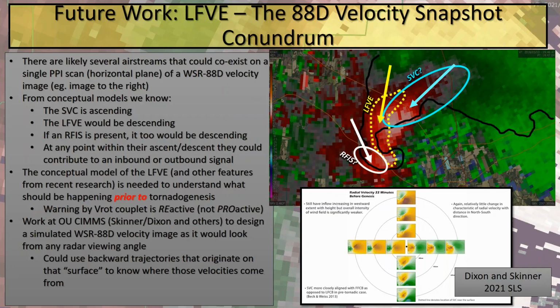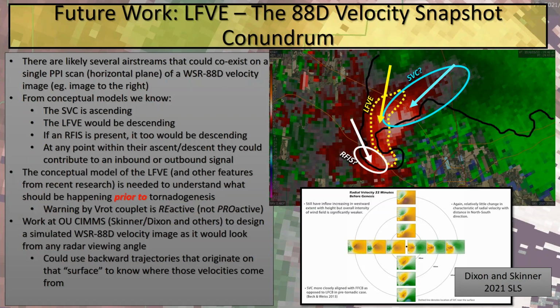So just quickly touching on what I had commented on before, here is just a snapshot from, again, that Mayfield, Kentucky 2016 tornado case. Again, not the most recent Mayfield one, but going back to 2016, a particular storm relative velocity scan from the 88D can really contain several airstreams.